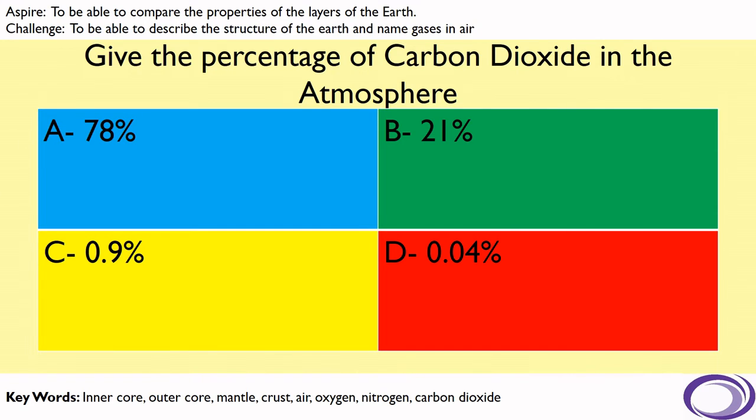Now I'd like you to give the percentage of carbon dioxide in the atmosphere. Your choices again are A, 78%, B, 21%, C, 0.9%, and D, 0.04%. And the answer is D, 0.04%.